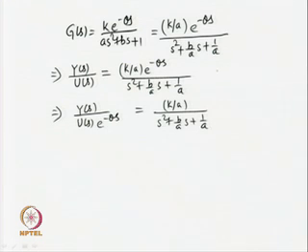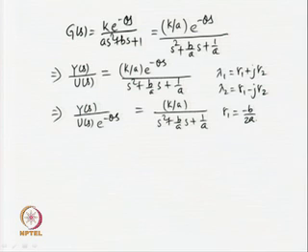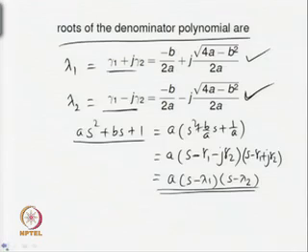What is lambda 1? Lambda 1 is equal to gamma 1 plus j gamma 2 and lambda 2 is equal to gamma 1 minus j gamma 2, where gamma 1 is equal to how much? Minus b by 2a and gamma 2 is equal to root of 4a minus b square by 2a. Okay? These things I have already explained.